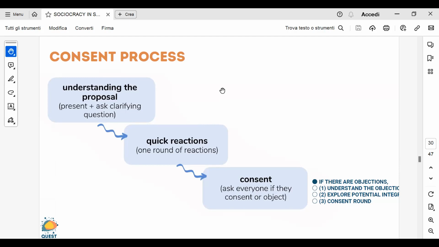After that, there is a quick reaction round. So there is one round that has to be very quick, in which people can react to the proposal, saying what they think.